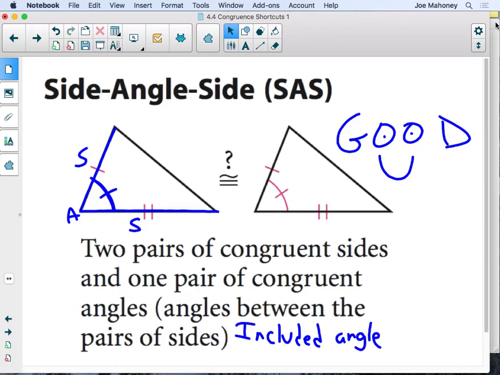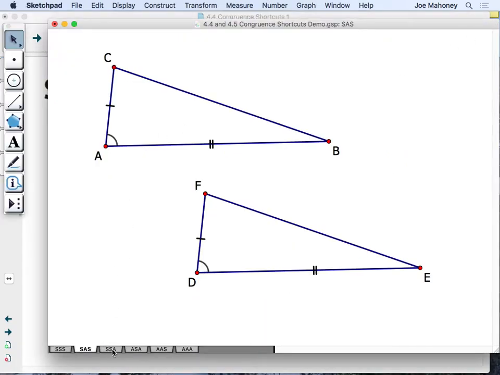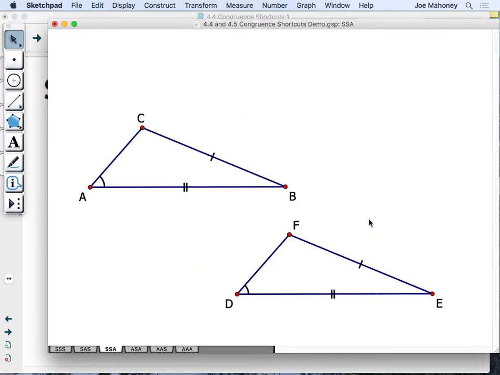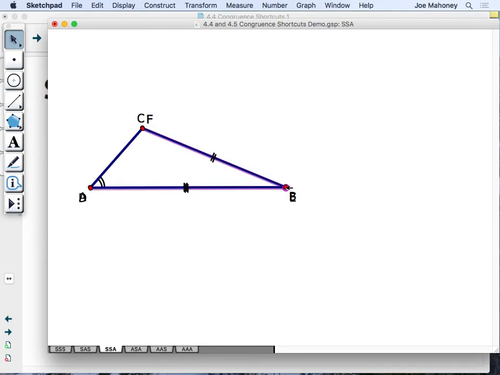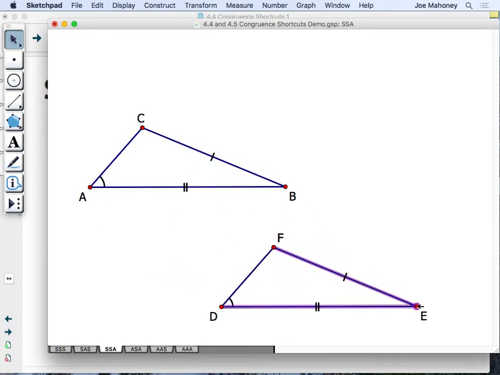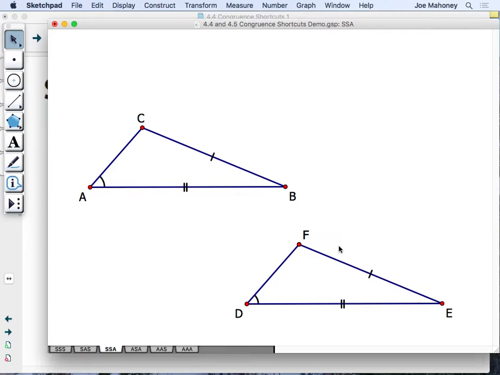One more to try. The last one we're going to try for today is side, side, angle. And you might look at it and be like, oh yeah, look at that. Perfect fit. But here's where it breaks down. I'm going to grab onto this point F, and I'm going to extend. Remember, this side DF can be whatever I want it to be.